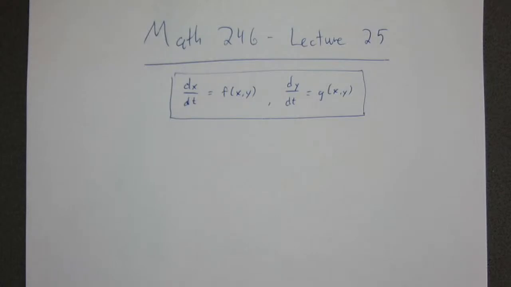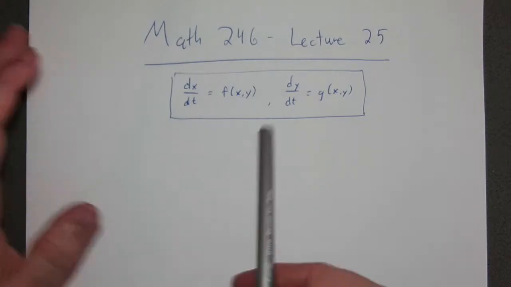The big difference here with what we've been doing the entire time is these, of course, are not necessarily linear. This allows for a wider variety of sorts of equations and definitely sorts of behavior of solutions to these things.